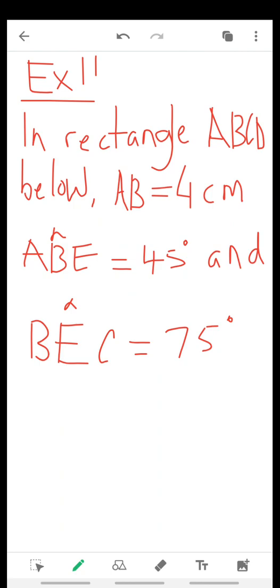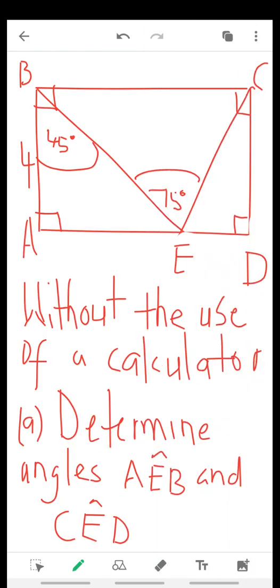Example 11 says, in rectangle ABCD, let's look at rectangle ABCD, there is a rectangle. Remember, when I covered analytical geometry with you, I said you must know the properties of your quadrilaterals, your square, your rectangle, your trapezium, your parallelogram.